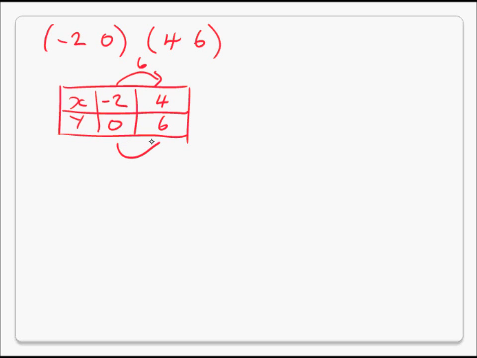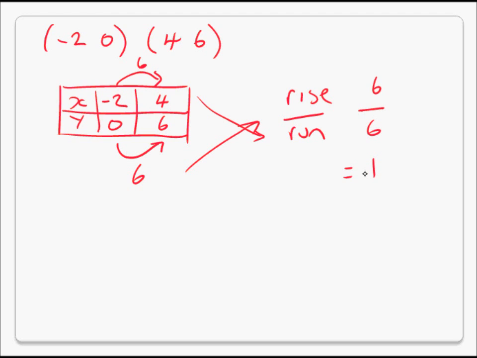And this one here is the y, gives me an idea of height, has gone up 6 places. So my rise over my run will be 6 over 6. So there's my rise down the bottom, and my run will also be 6. The answer will be 1.